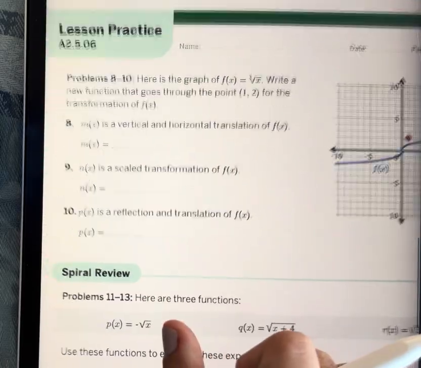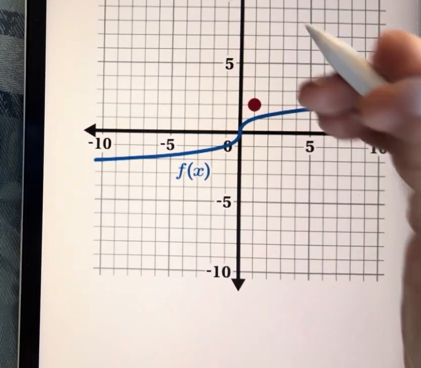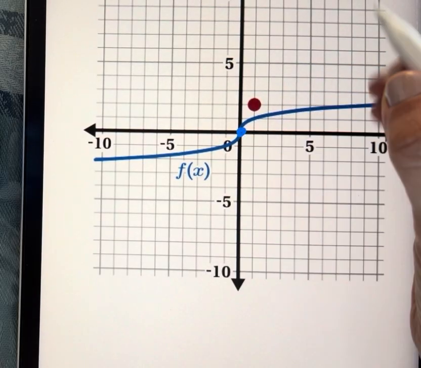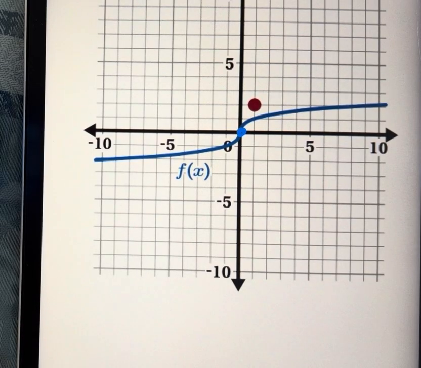All right. Here's a graph of cube root of x. Write a new function that goes through point 1, 2 for the transformation of f of x. Oh, I see. They're going to give me different stuff. So if I have m of x is a vertical and horizontal translation to go through the point 1, 2. So over here, I wanted to do a vertical and a horizontal translation.